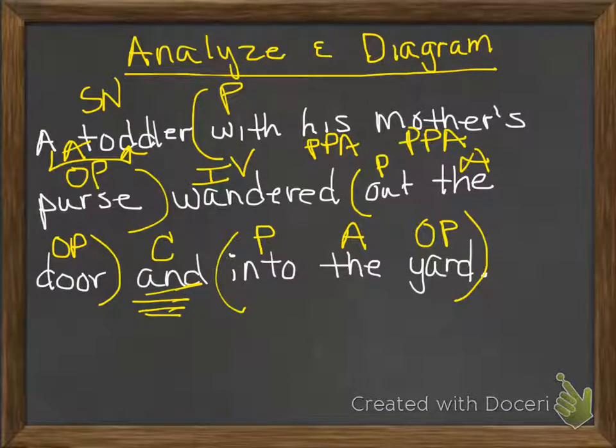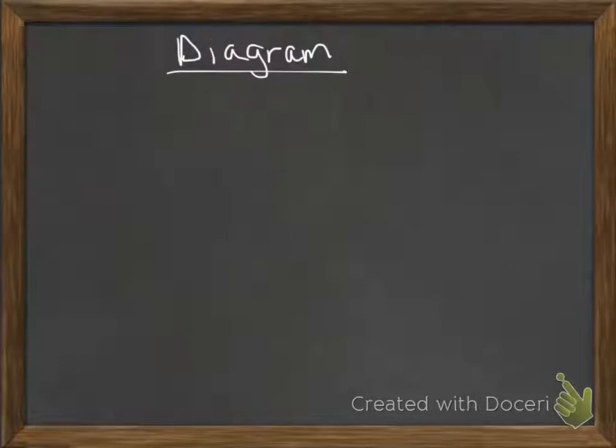So now we're ready to diagram. And the thing I want you to notice is always start with a pattern of finding your core first, putting your subject and your verb first. So when we diagram, we have a sentence, so that's our main line.